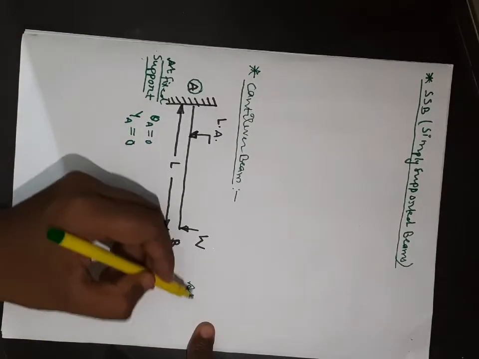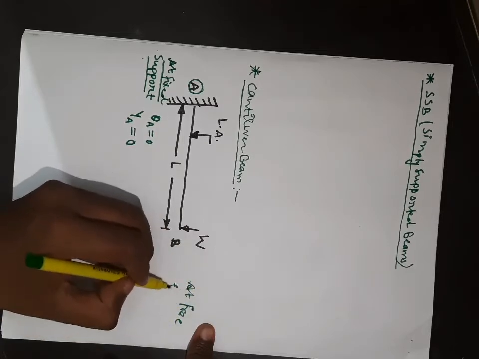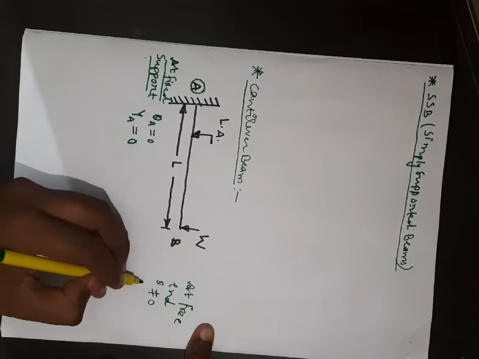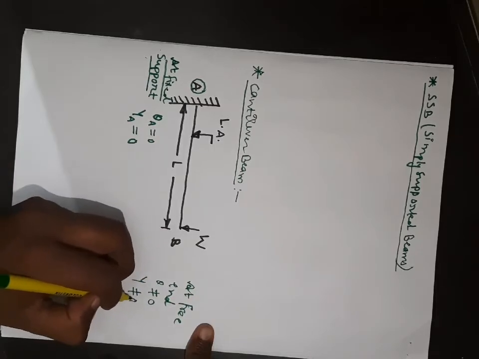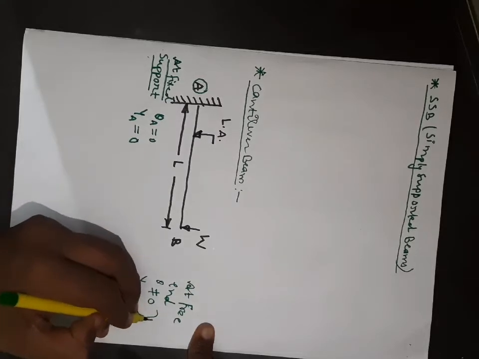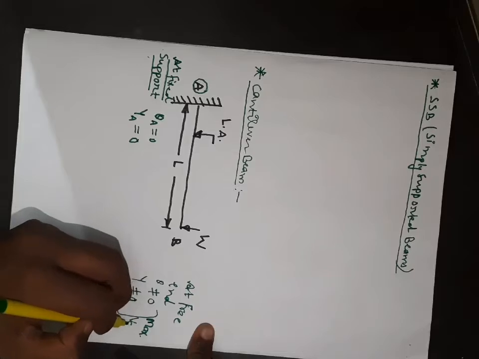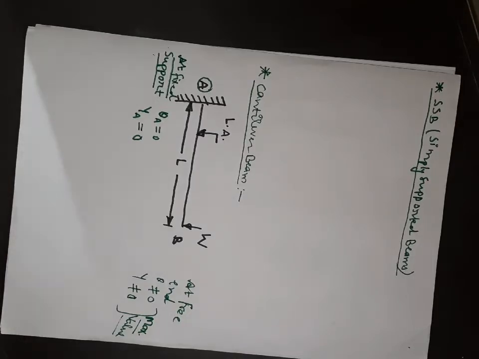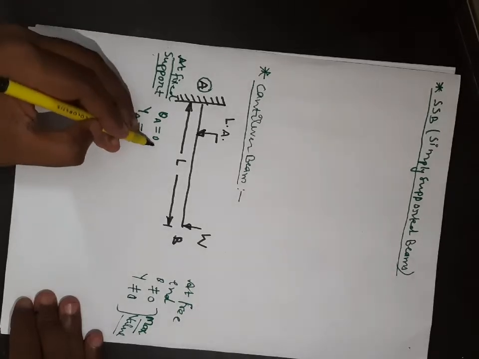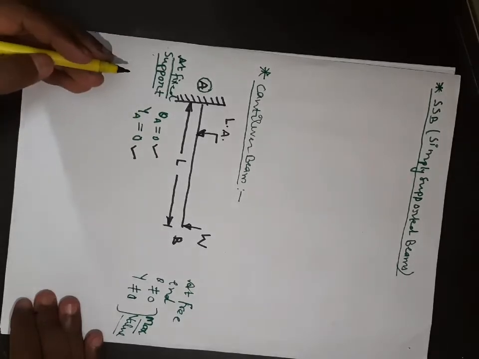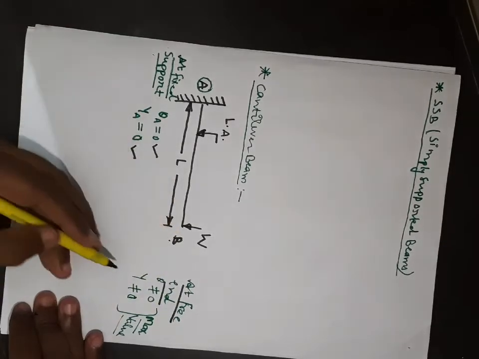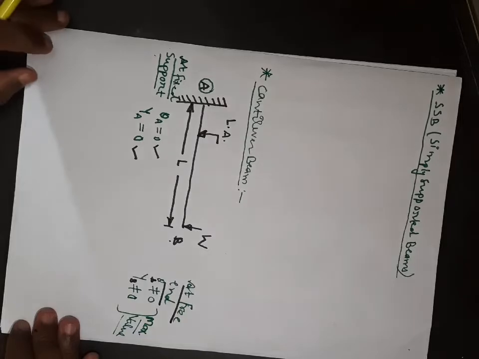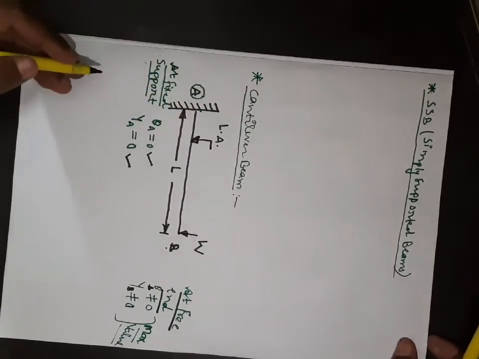But at the free end, the slope will not equal zero and the deflection will not equal zero, but they will give their maximum value. So you must remember, in case of a cantilever beam, at the fixed support both slope and deflection will be zero, but at the free end, which is B, both the slope and deflection will be maximum or not equal to zero.